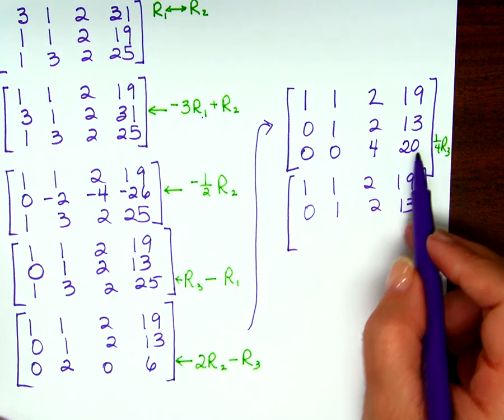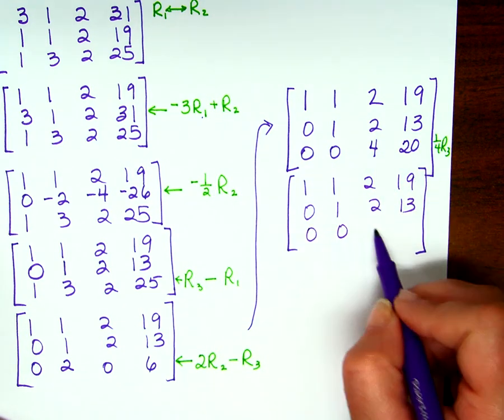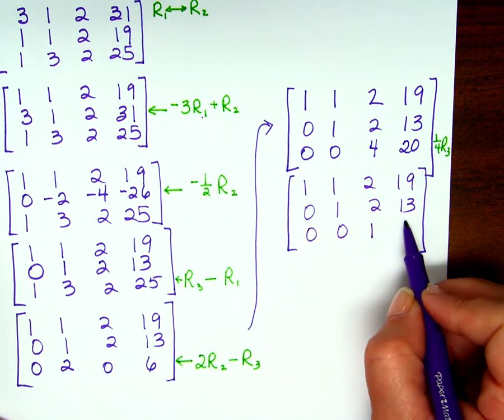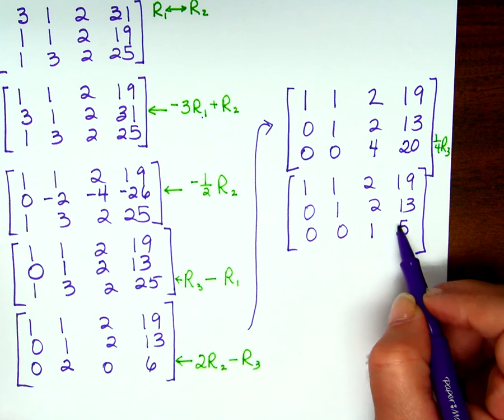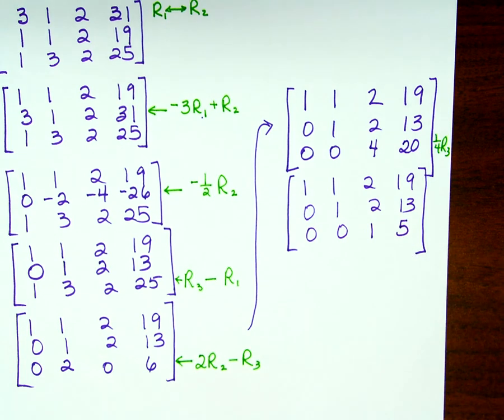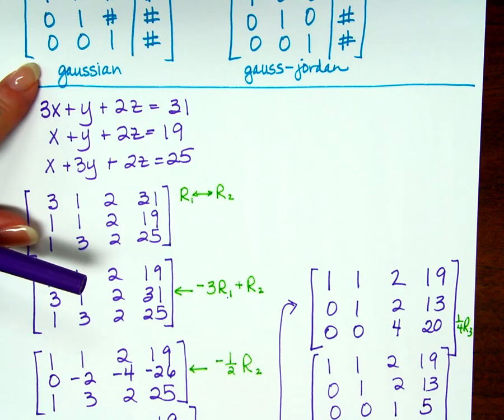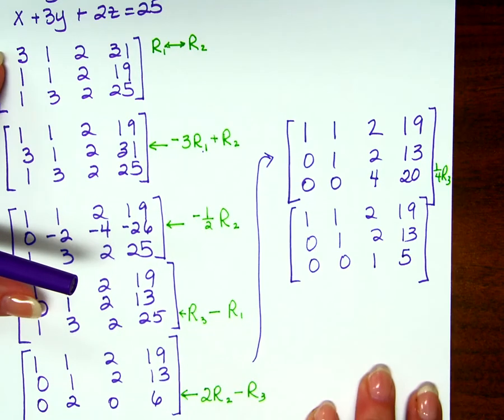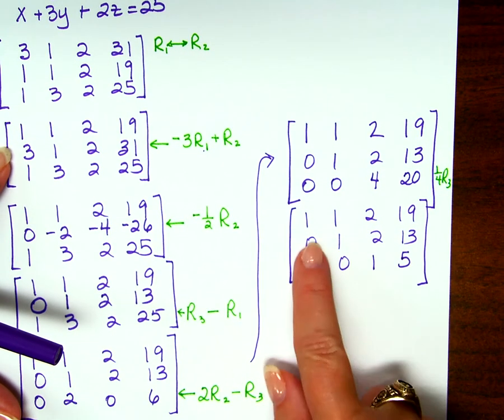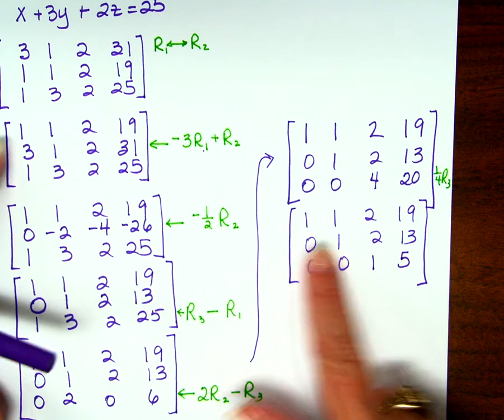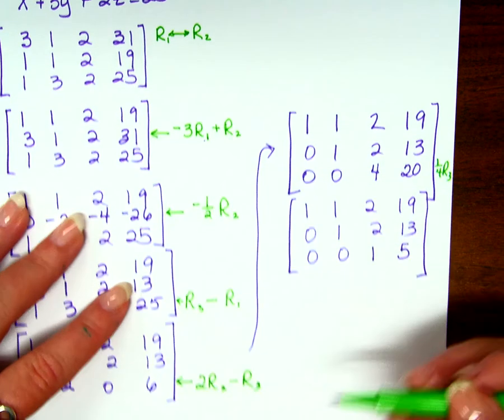Divide the whole entire row by 4. So 0, 0, 1, 5. If I'm trying to get this into Gaussian form, have I succeeded? Do I have a diagonal of 1s and a little triangle of 0s? Yes. So please convert this back into an equation for me.